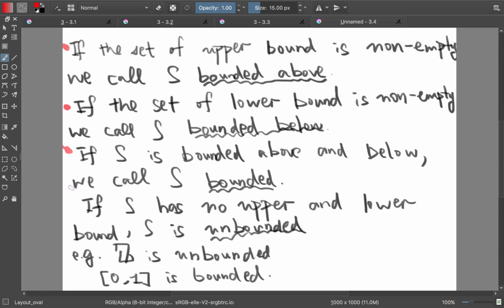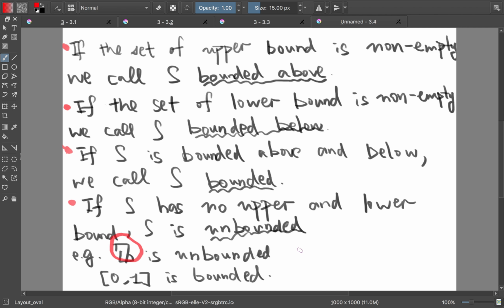And last but not least, if S has no upper bound or lower bound, we say that S is unbounded. For example, we consider the set of all integers.